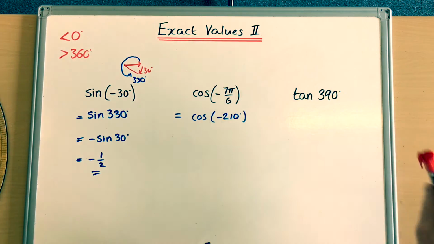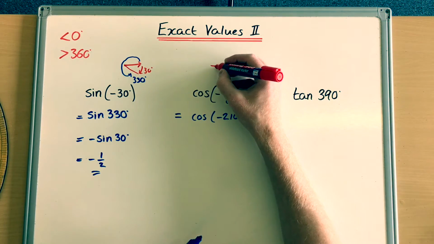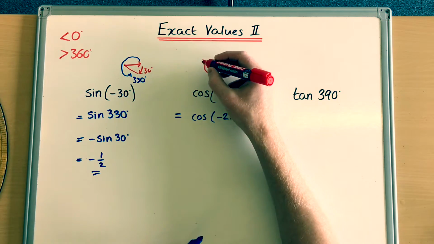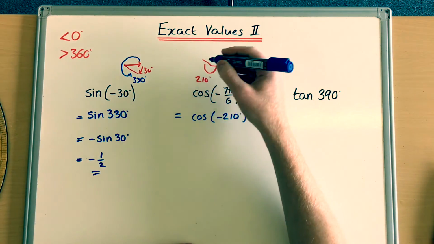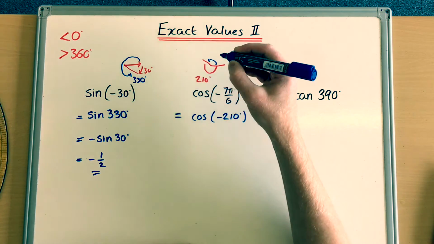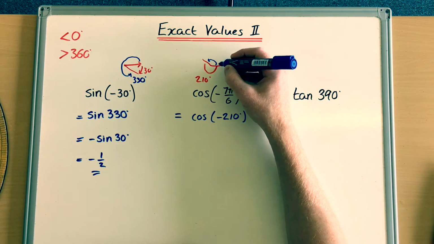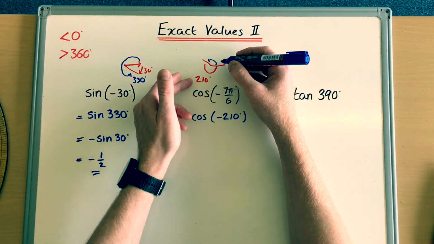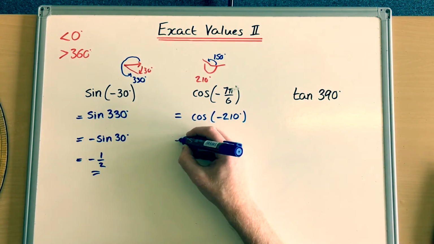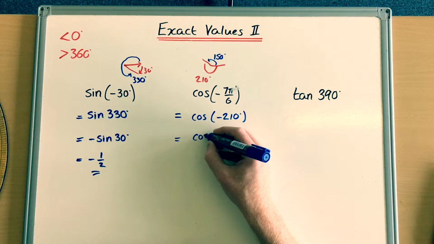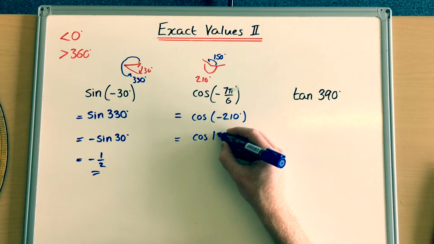So once I've got that, I'm going to do the same idea, which is to say, go 210 degrees in the wrong direction, you could say, in the negative direction. What's that the same as going in the right direction, the positive direction? What goes with 210 to make 360? It's 150 degrees. So cos minus 210 is the same as cos 150 degrees.